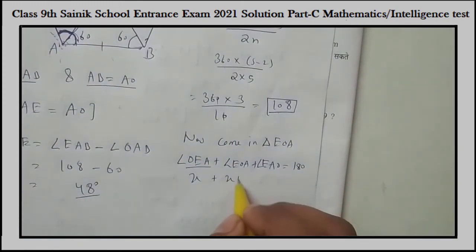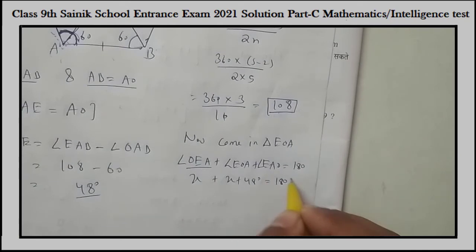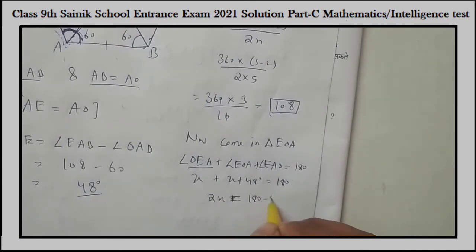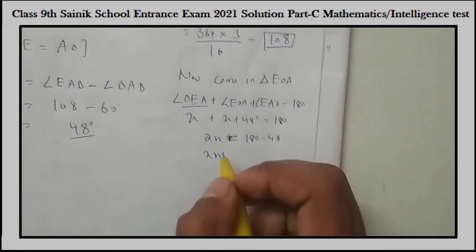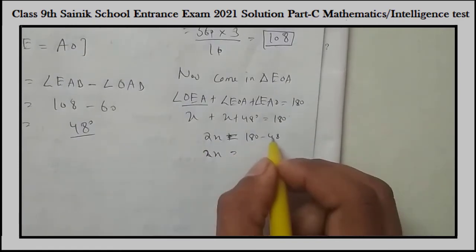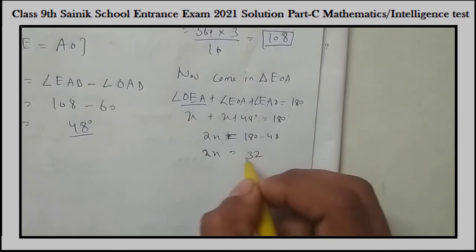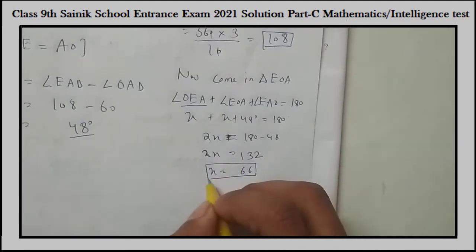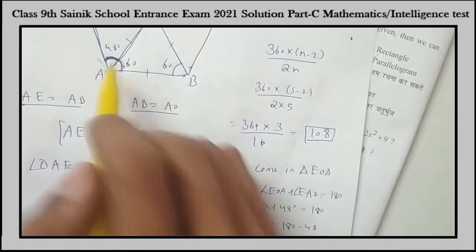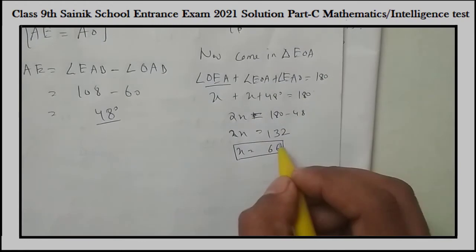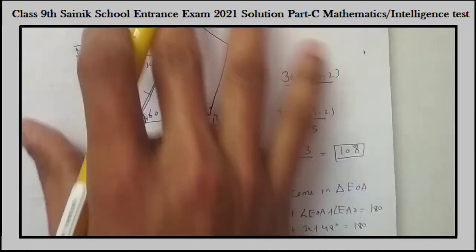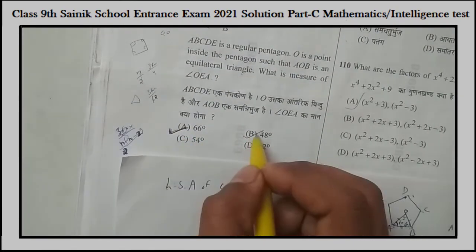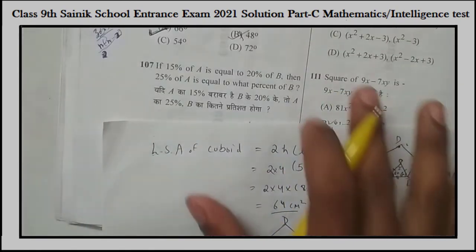X. X plus X plus 48 degree is equal to 180 degree. So 2x is equal to 180 minus 48. 2x is equal to 132. X is equal to 66, 2 6 is 12, 2 6 is 12. So the value of x, the value of angle OEA, is equal to 66 degree. So what is the option here? The correct one is 66, not 48 degree.